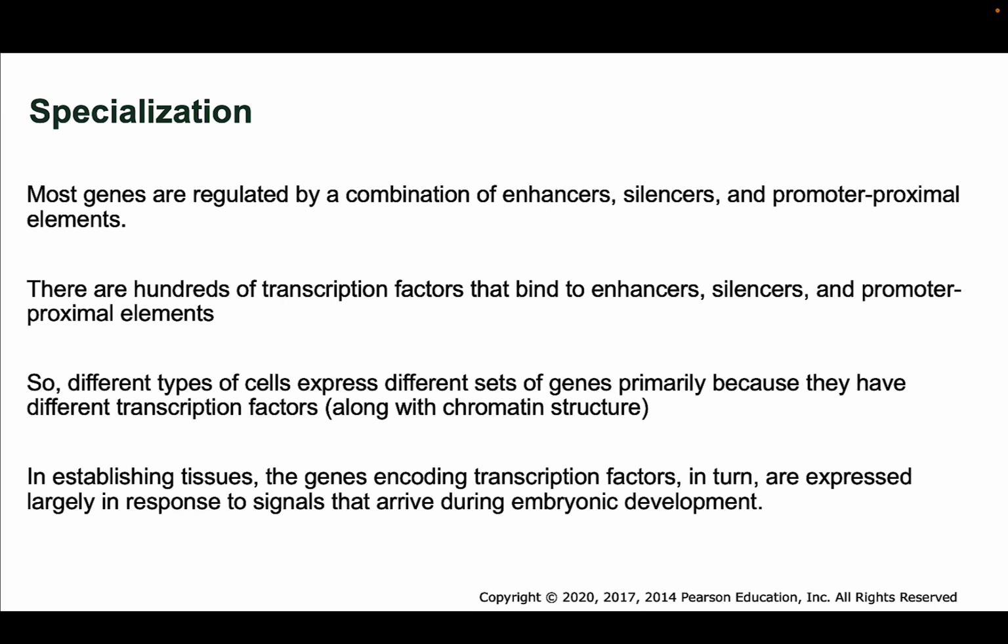When an organism is establishing tissues, the genes encoding transcription factors are expressed largely in response to signals that arrive during embryonic development. So you have a signal that says, be a muscle cell, and that signal then causes the transcription of transcription factors that turn on genes specifically for muscle cells. That's how we arrive at cell specialization in a multicellular organism.